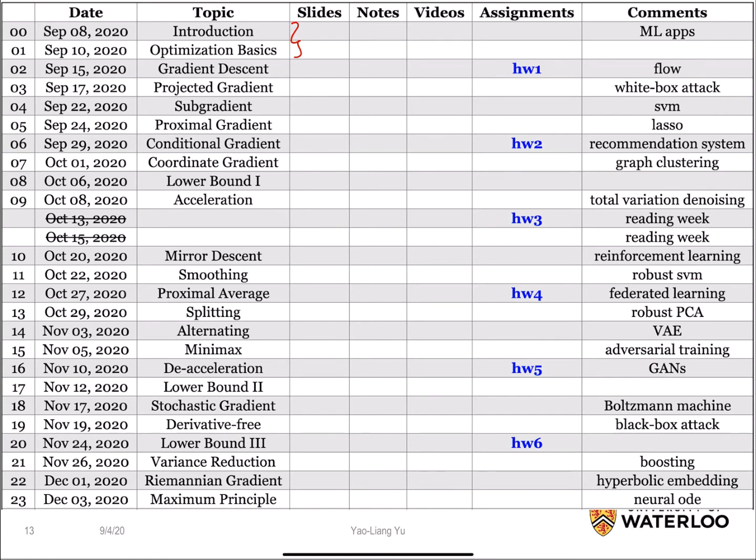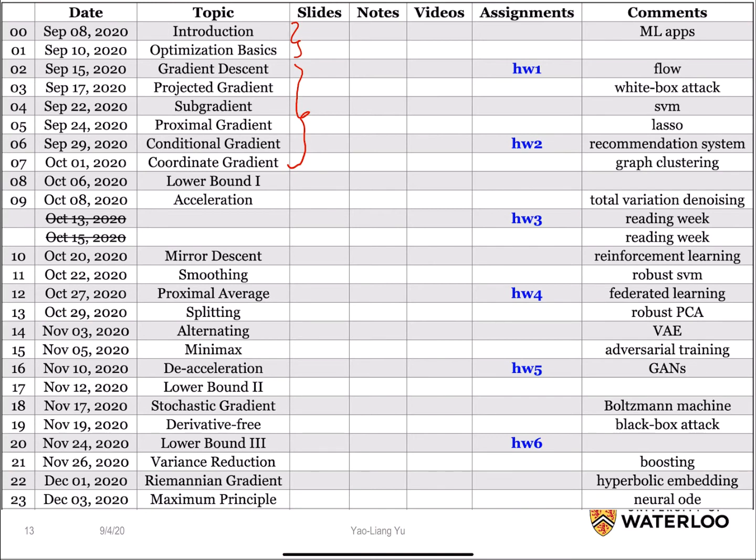Then in the next few lectures we are going to talk about a bunch of gradient algorithms. These are all the variants of gradient algorithms that people use in machine learning. After that, I'm going to show you one lower bound, meaning the absolute optimum you can achieve with any gradient algorithm.